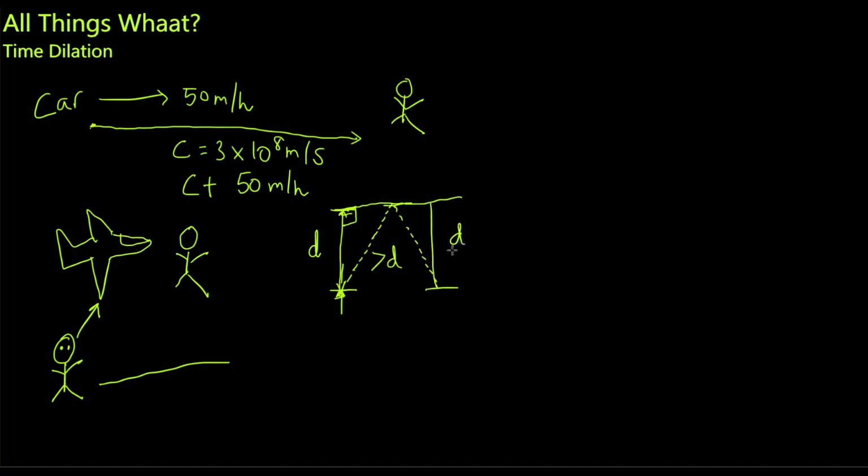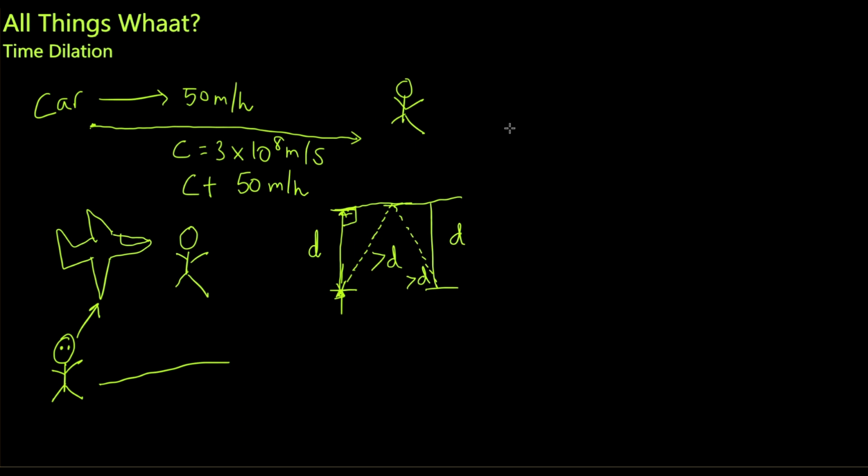If this is d, this has to be greater than d. So the person on Earth sees that the light travels this path, the dotted line, while the person in the plane just sees the light go up and down, traveling a distance of d each way.